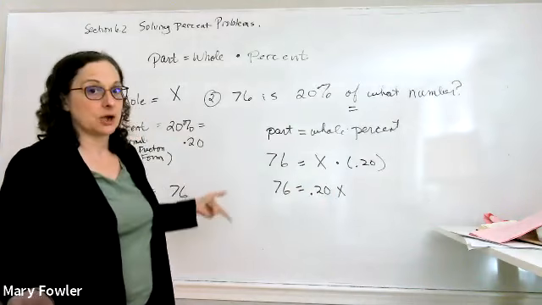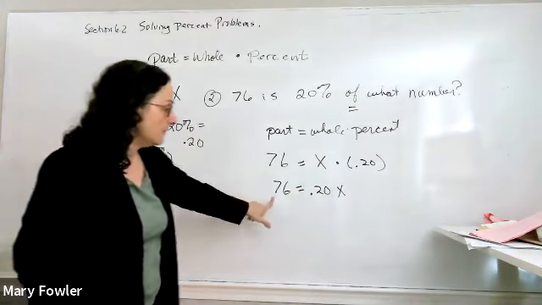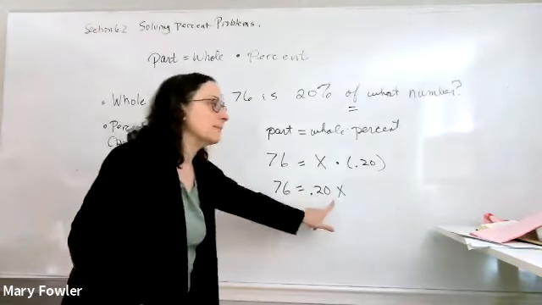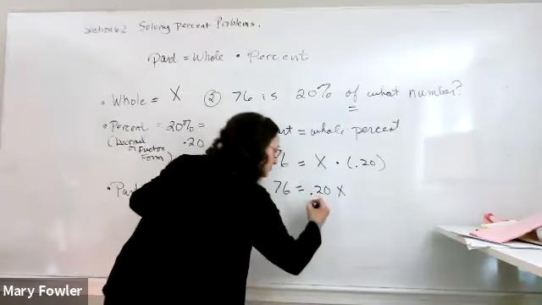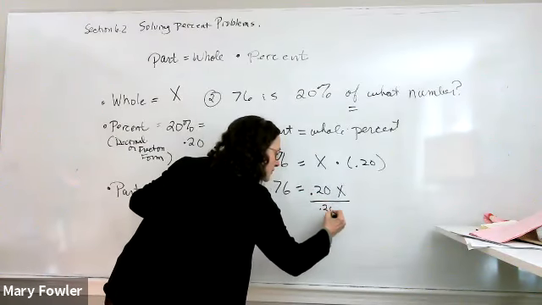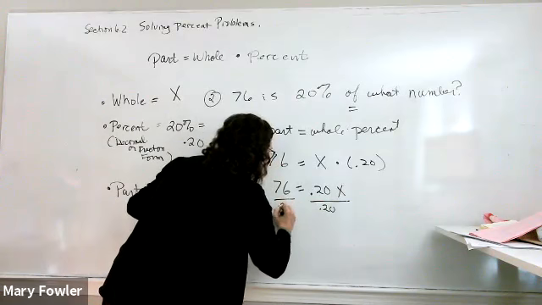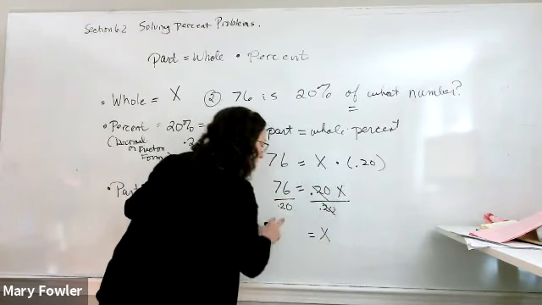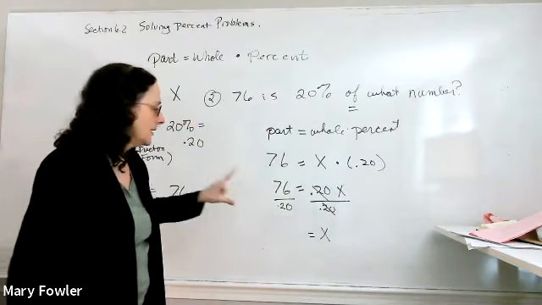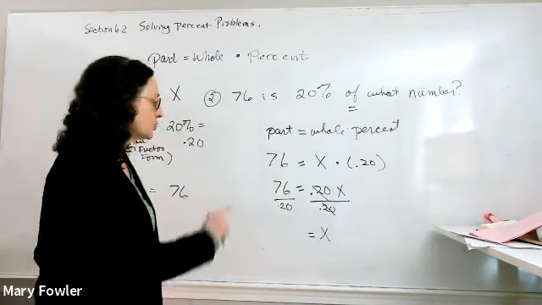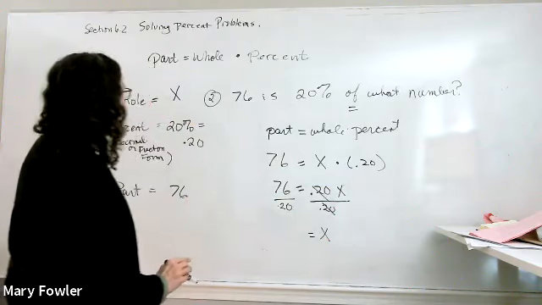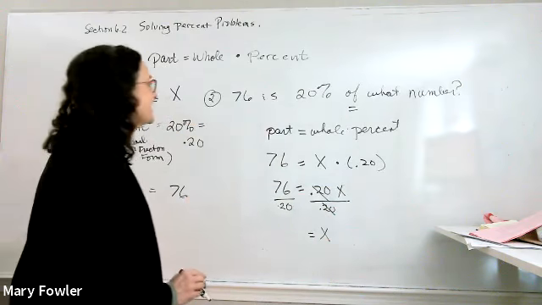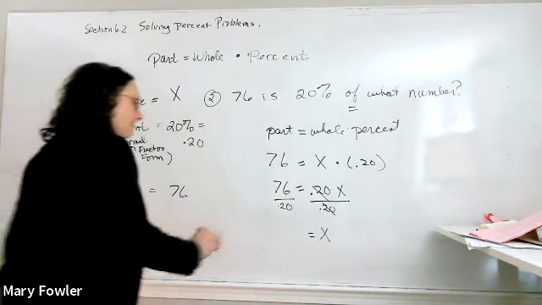Remember, we solved equations a couple of chapters back. We want to divide both sides by 0.20 so that we isolate x. And on the right-hand side, we get x, and on the left-hand side, we have a division problem. So let's go ahead and find a little space here to write this division problem out.